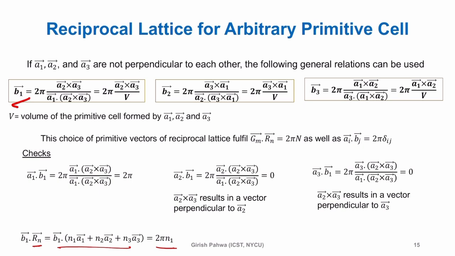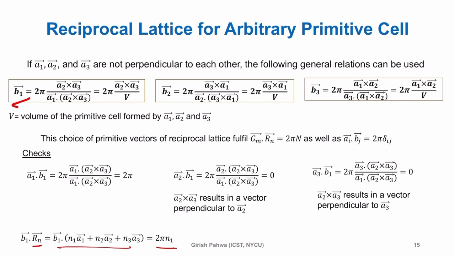Okay, now let's try to calculate the reciprocal lattice of some actual cases which we are going to use. What kind of lattice will we deal with? We are going to deal with silicon mainly. What kind of lattice structure does silicon have? Diamond structure.